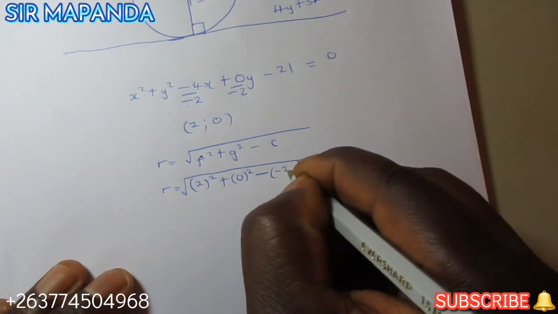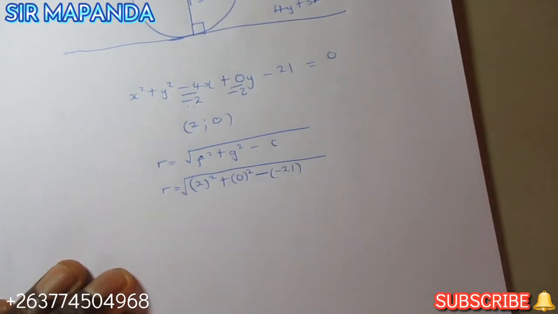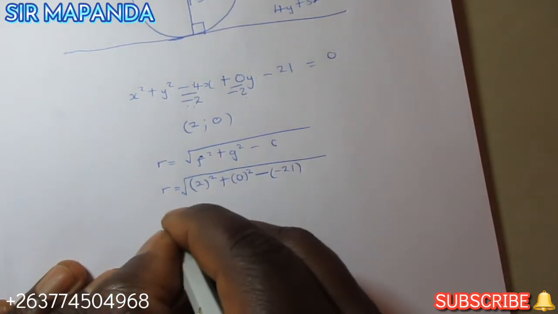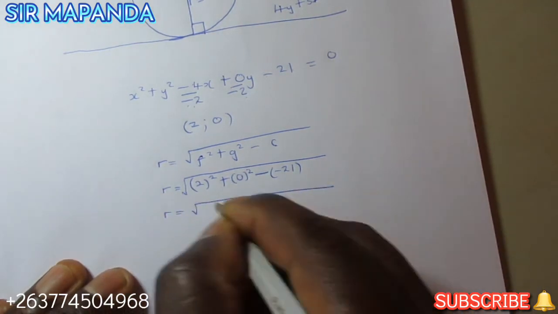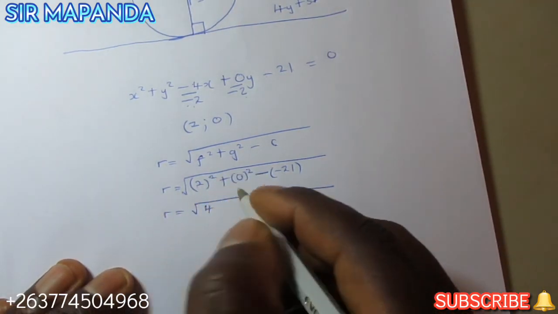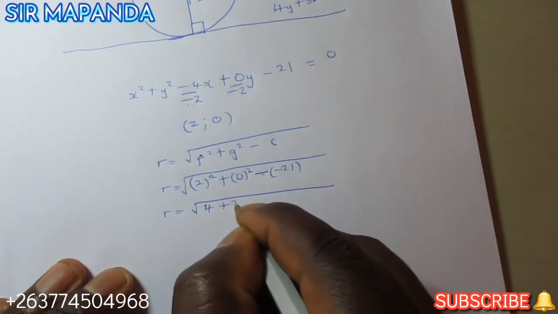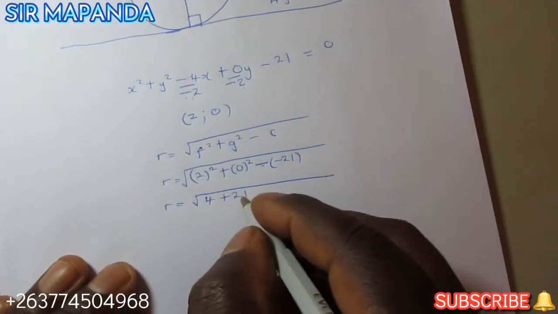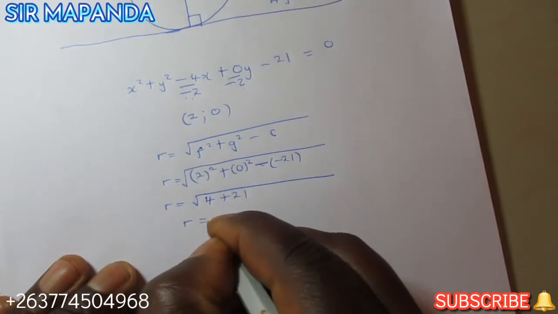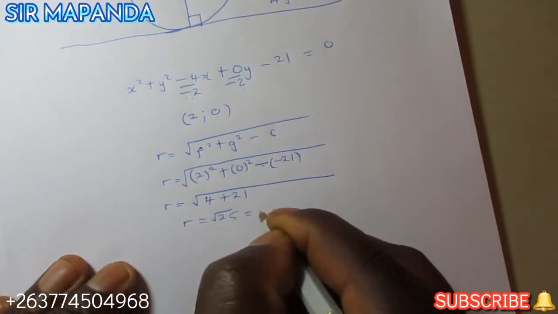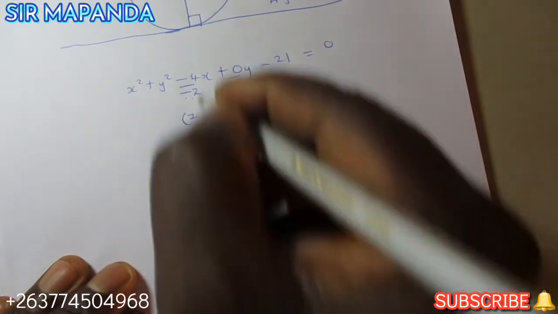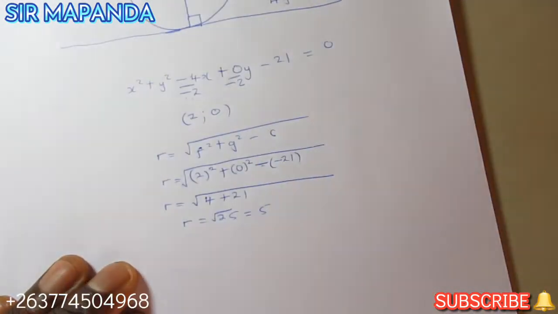So I'm going to put minus 21 on c, something like this. I hope you are following, class. So r equals square root 2 squared, you get 4, 0 squared is 0, minus and minus, you get plus. So 4 plus 21, r equals square root of 25, which gives you 5 units. So our radius is 5, right?